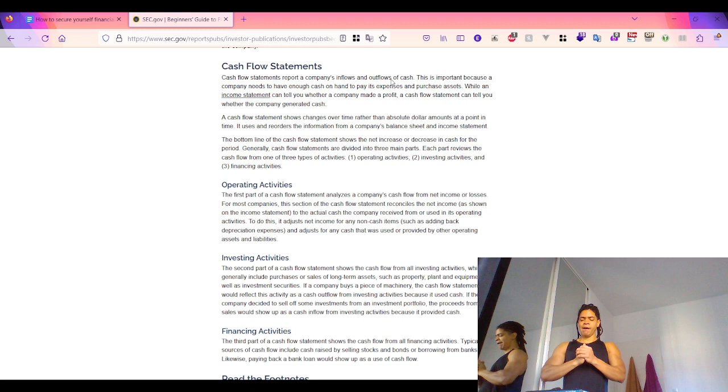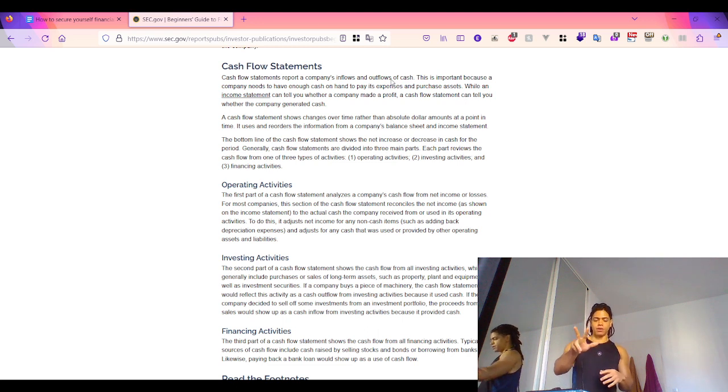So this statement reviews information from the balance sheet and the income statement, and it is generally made of three parts.